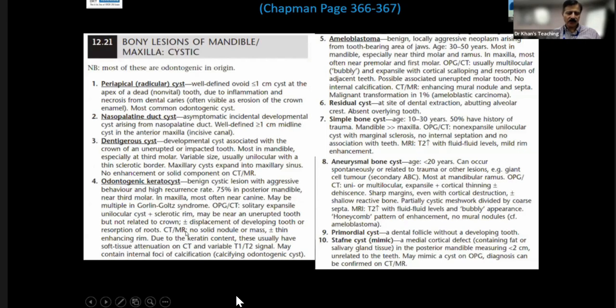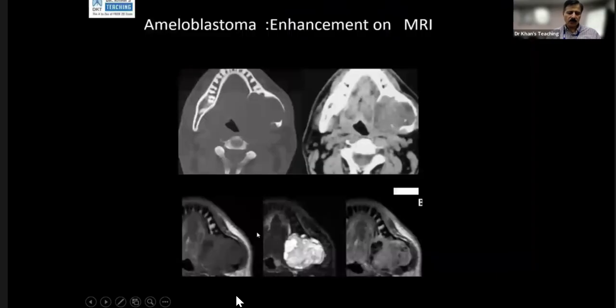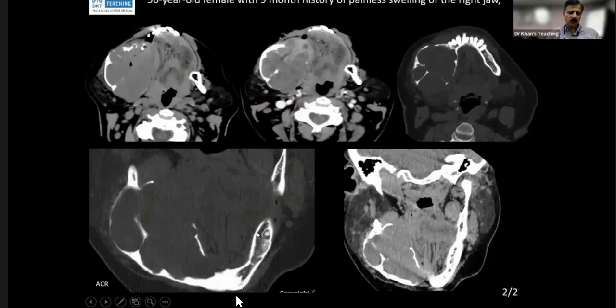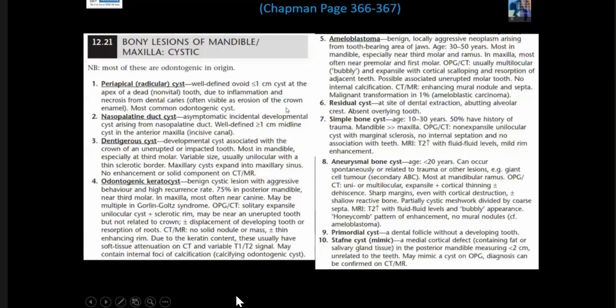You see this? No solid nodule or mass. So even if you want to consider it, then you rule it out. Because if the examiner asks what else can it be, then you rule that out. So this is the differential diagnosis which you can see from here.